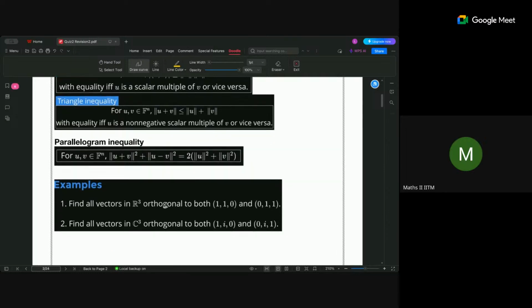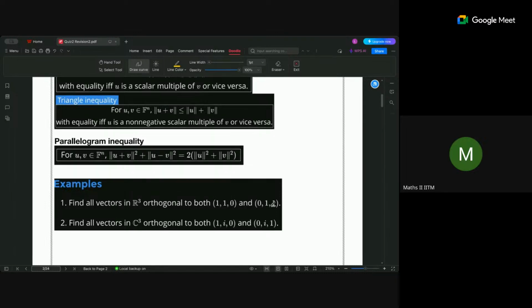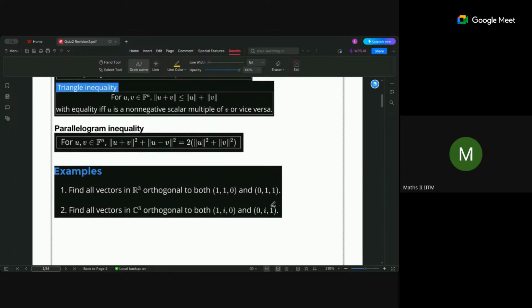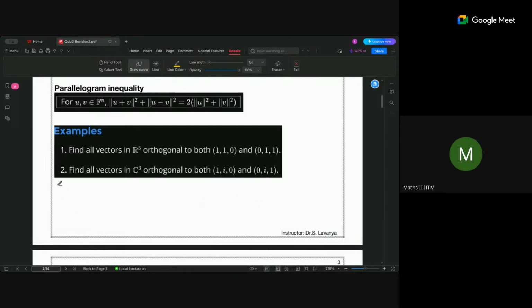Find all vectors in R3 which are orthogonal to both (1, 1, 0) and (0, 1, 1). How to do this? We want to find all the vectors orthogonal to these. So for the first problem, suppose you consider W to be the span of these two vectors.